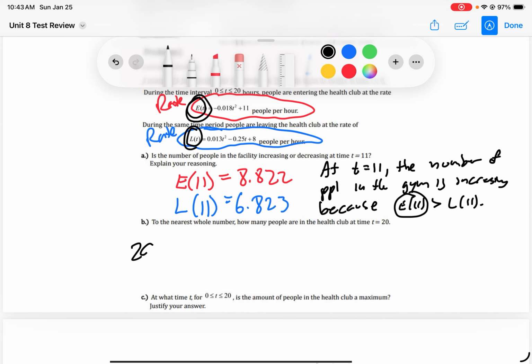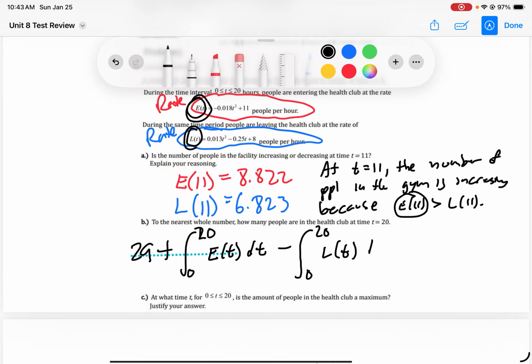So 29 plus, to add up the total number of people entered, I'm going to integrate a rate. So from 0 to 20 of E of t dt. And I'm going to subtract all the people that exited during that interval. So from 0 to 20, L of t dt. So that's the setup I would want to write on the paper.